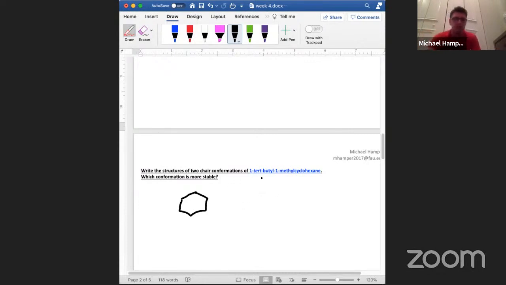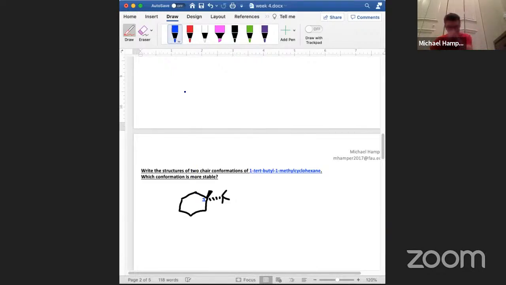So the tert-butyl and the methyl, one of them is going to be wedged, one of them is going to be dashed. For the sake of ambiguity, let's just draw the methyl, and let's just draw this tert-butyl.